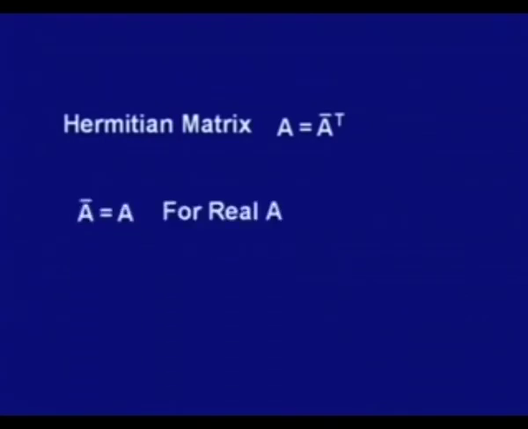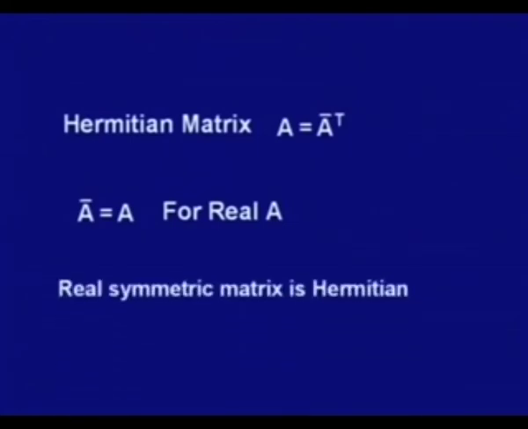As I told you earlier, A bar is equal to A for a real matrix. So, a real symmetric matrix is Hermitian also, because that real symmetric matrix will satisfy this property trivially. So, a real symmetric matrix is a Hermitian matrix, but this is not true for complex matrices.